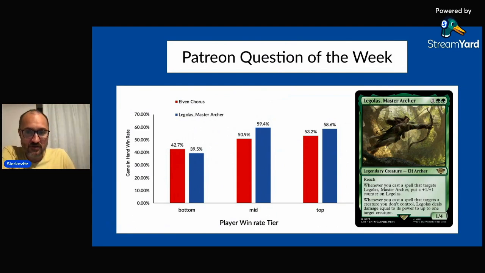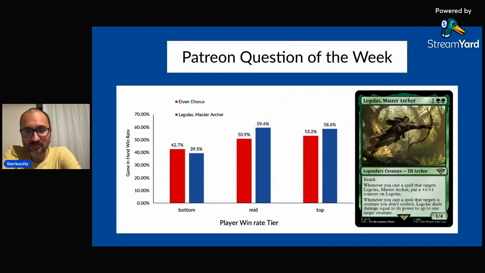If the best players on the site cannot make that card win, but they definitely can do it with Legolas, it means that Legolas is not a super good card, but at least it has potential to be abused and to do something interesting in the game. While Elven Chorus, even top players cannot make it work. Therefore, probably that card just aligns badly with the format, and you should avoid it, basically.